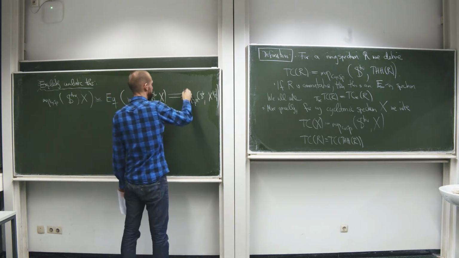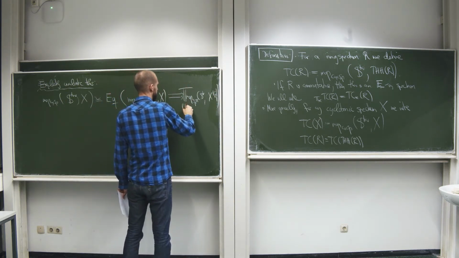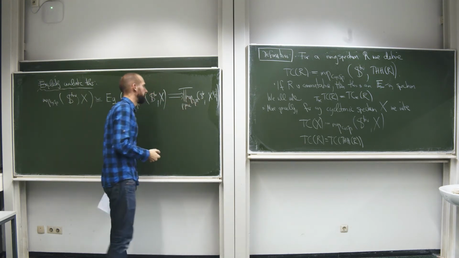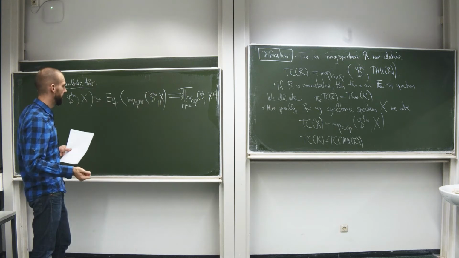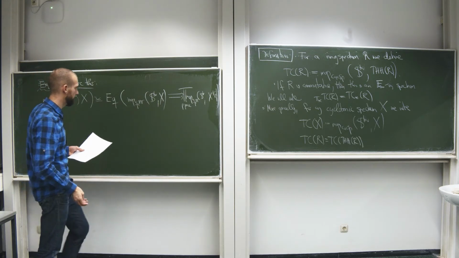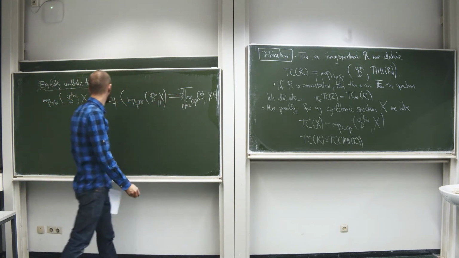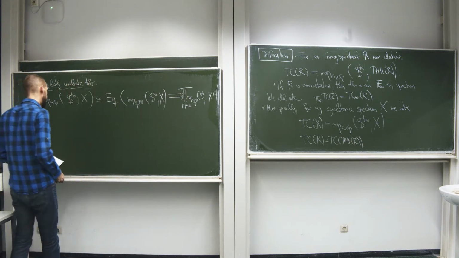And I have to take the product over all primes. Okay, so that is the formula that we get, and we could even write down the two maps here.